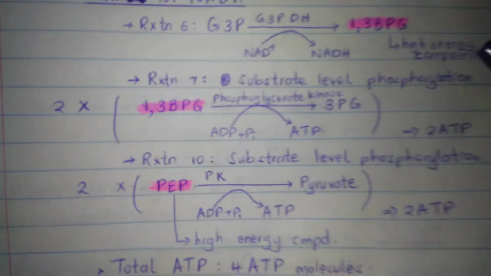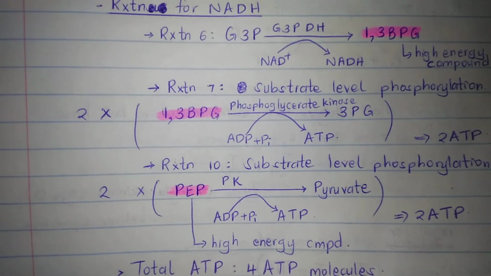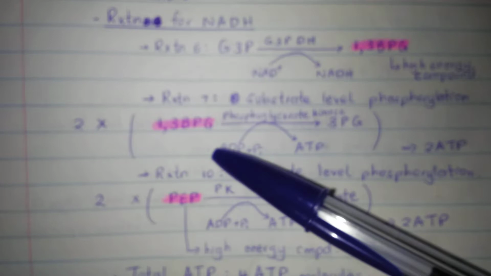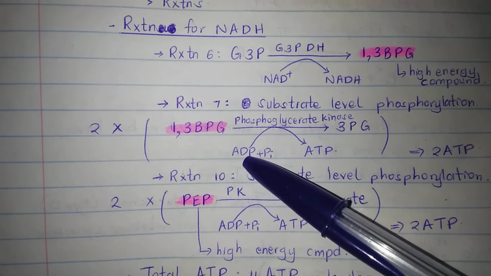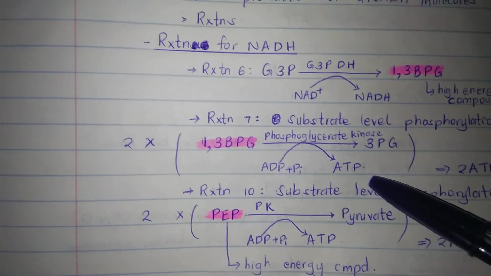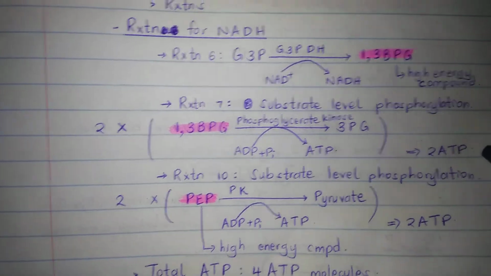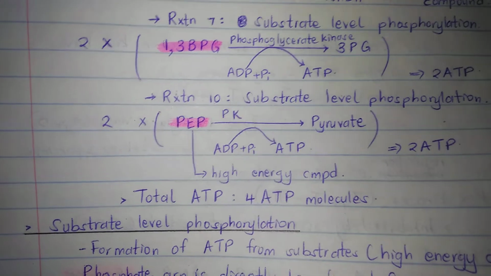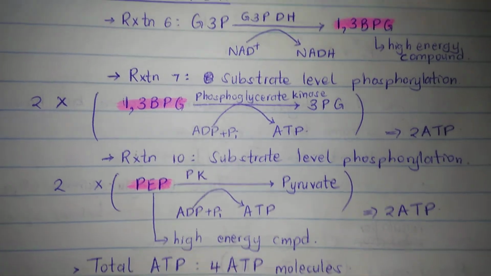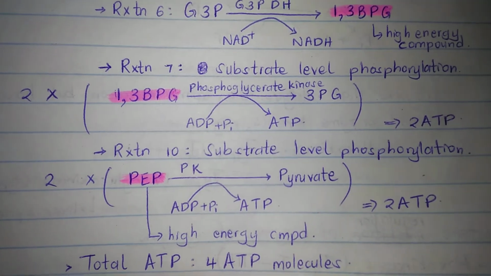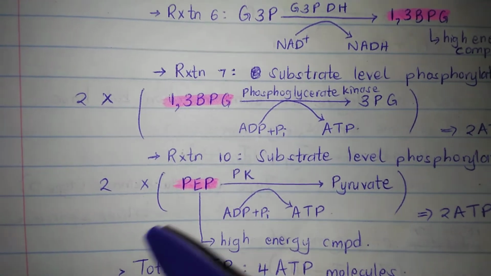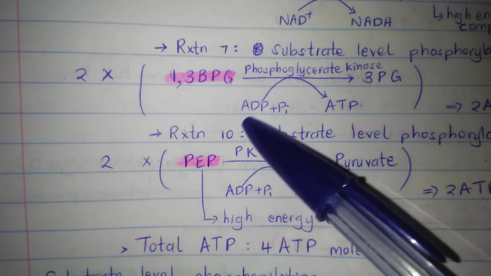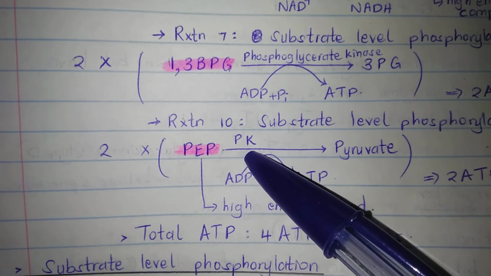So reaction 7, which is 1,3-bisphosphoglycerate, remember it's a high energy compound. It's going to directly donate one of its phosphates to ADP, and we're going to form ATP. And you remember the story of multiplying by 2? So we have our first 2 ATPs. The next reaction is reaction 10, which is also a substrate level phosphorylation, where phosphoenolpyruvate is converted to pyruvate, catalyzed by the enzyme pyruvate kinase.